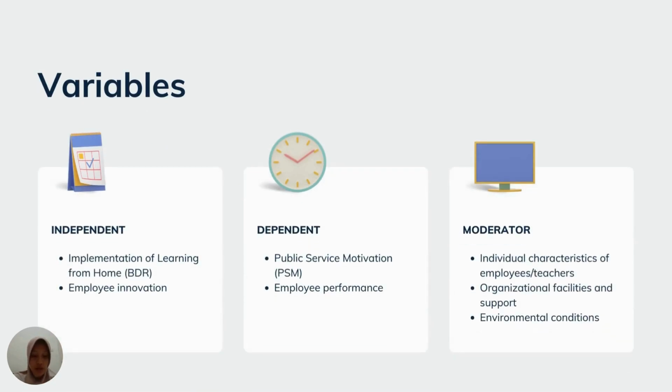And the variables from this article: the first independent variable is implementations of Learning from Home, or BDR. The second independent variable is employee innovations, and the dependent variables consist of public service motivations and employee performance.